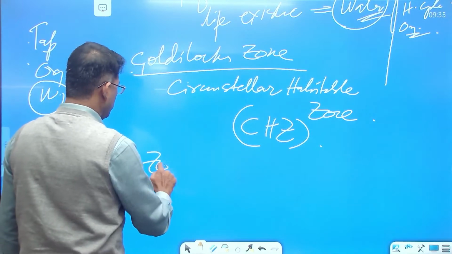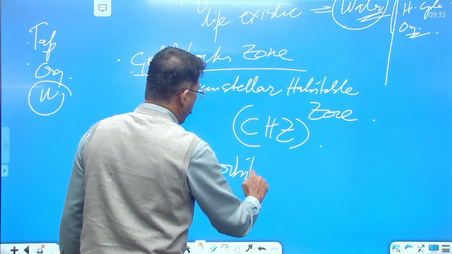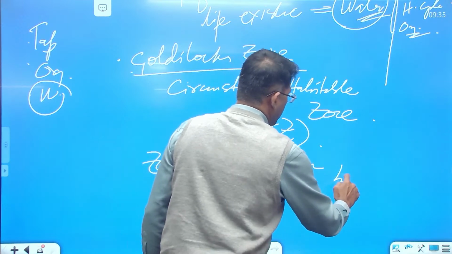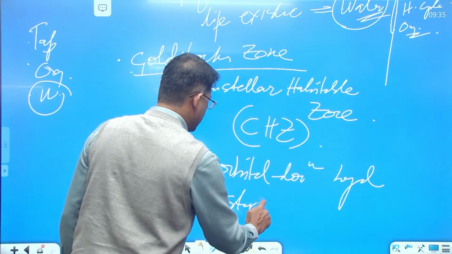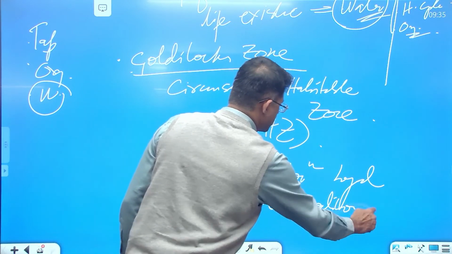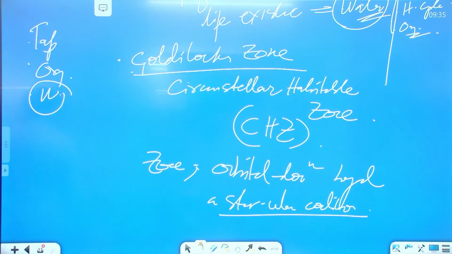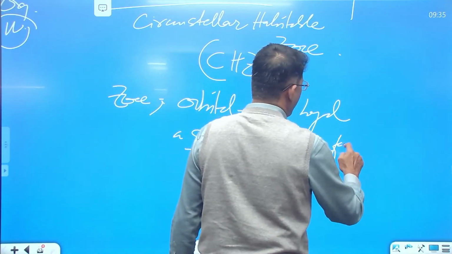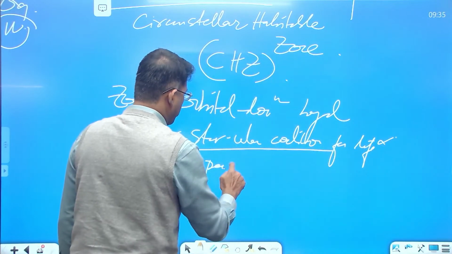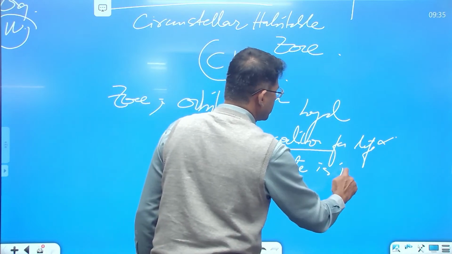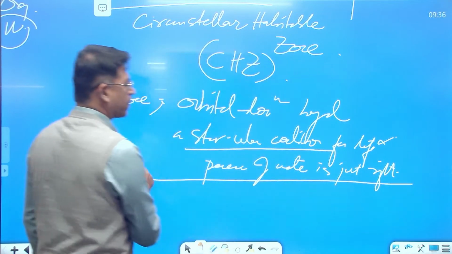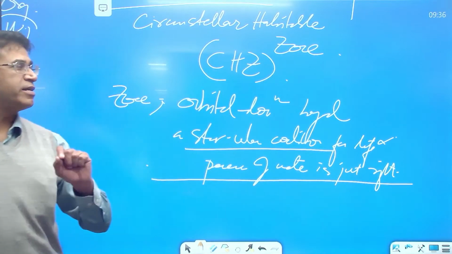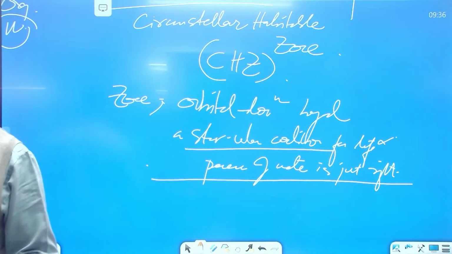This is an orbital zone, an orbital location beyond a star, where the conditions for life and the presence of water are just right.